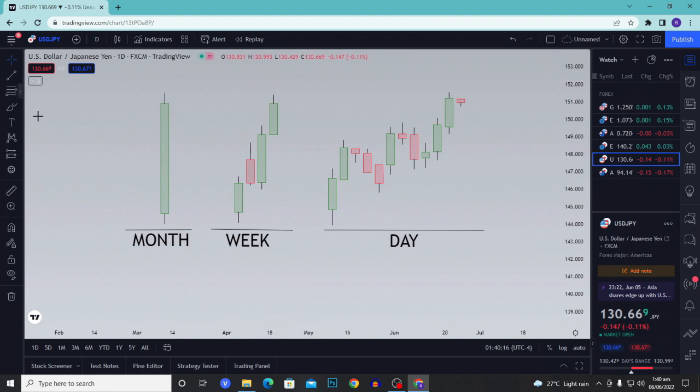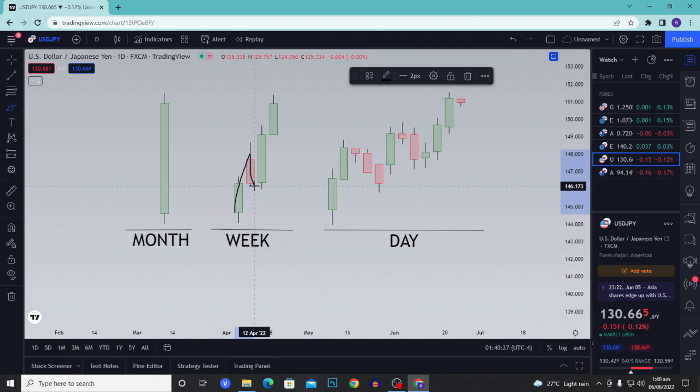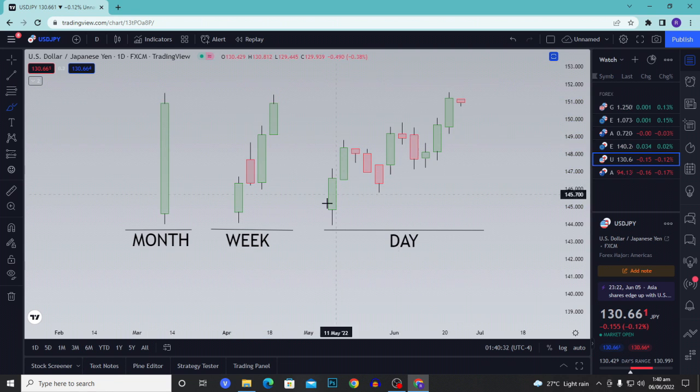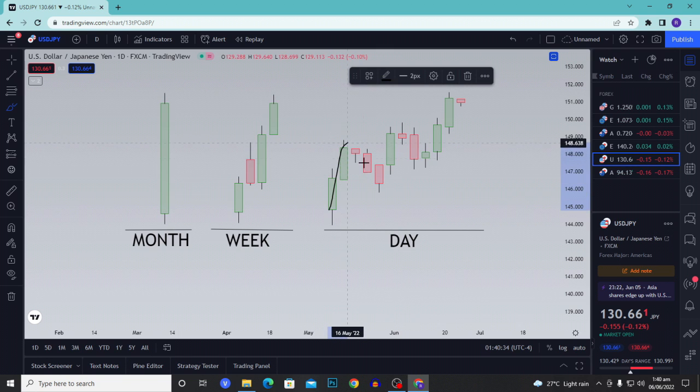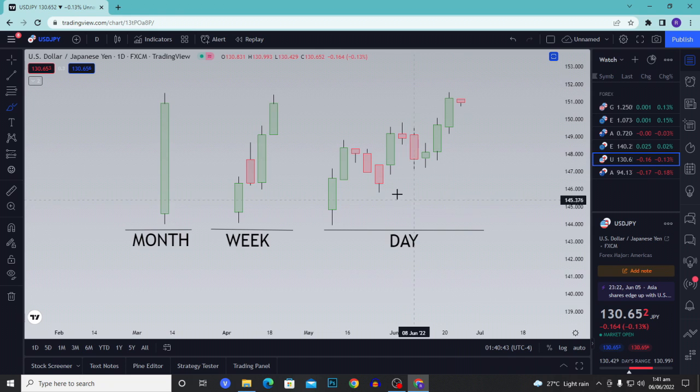Like for starters, we have here the monthly candlestick is just one big bullish move upwards, while the weekly candlestick has a little bit of a retracement here before going back up, one retracement. And the daily candlesticks now have multiple retracements before pushing up to this very same point above here, as you can see.